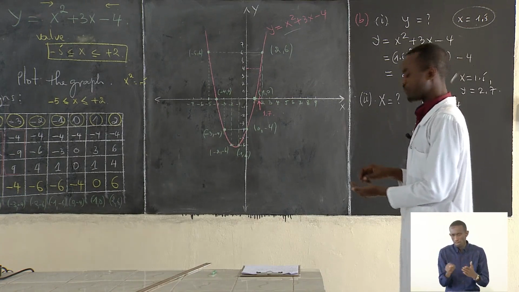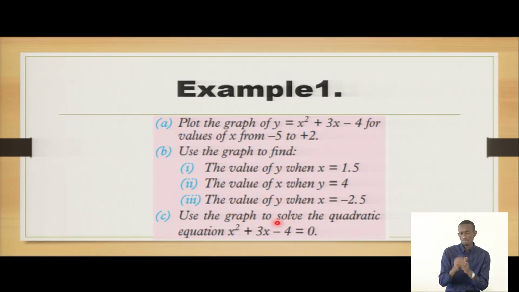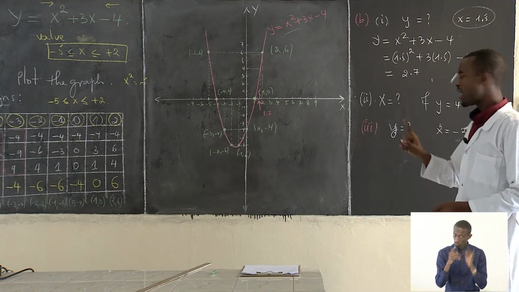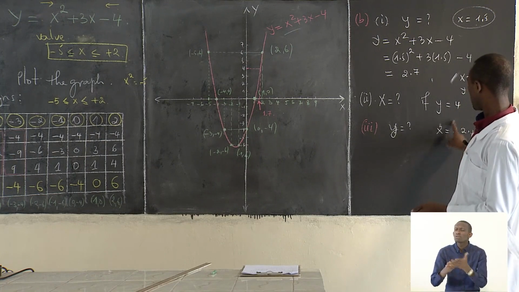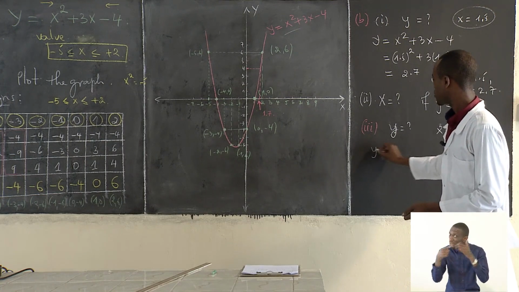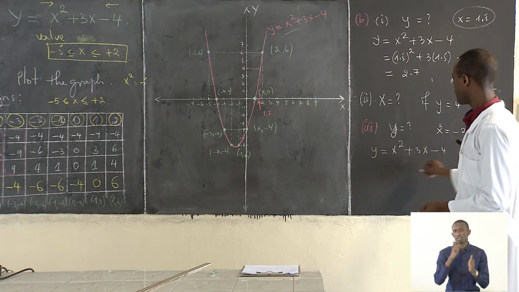Now we are on Roman 3. Roman 3 was to find the value of y if x equals negative 2.5. This is where I want you to be very careful. In case you have a value that has a negative sign like this one, you need to go back into your equation, x squared plus 3x minus 4.